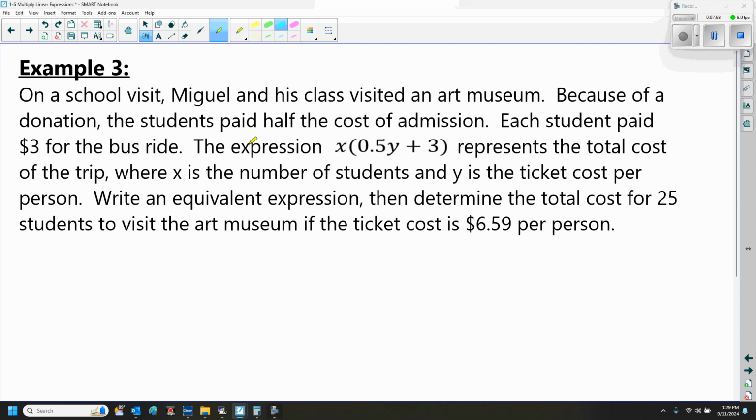All right, so the important information here says they're giving us this expression right here. This expression represents the total cost of the trip. Each student paid $3 for the bus ride. Where x is the total number of students and y is the ticket cost per person. So x is the number of students and y is the ticket cost per person.